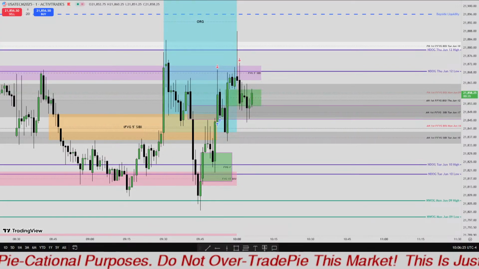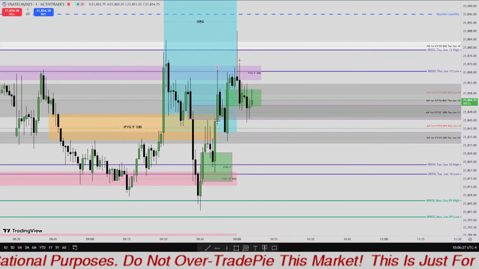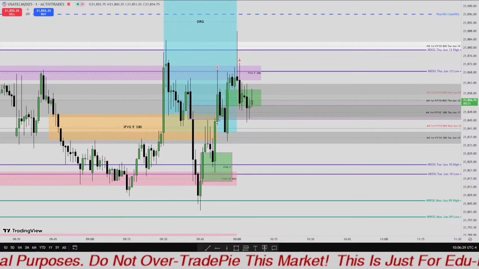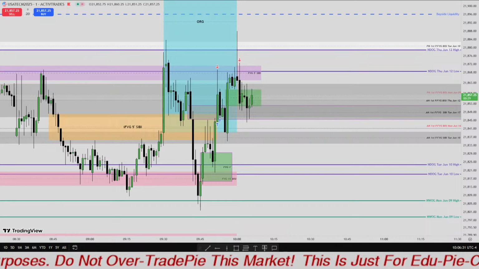Let's see if we have the ability to close above this fair value gap in green.